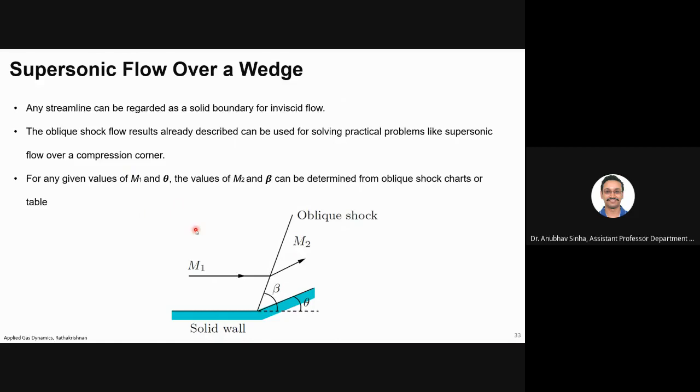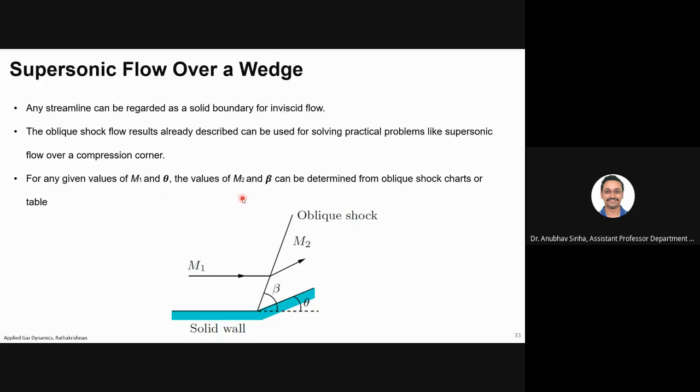Now what we can do is, for any given values of incoming flow M1 and theta, the angle of this solid wall. Instead of looking at this solid wall as a separate topic, we can say that we have an oblique shock with given M1 and theta.